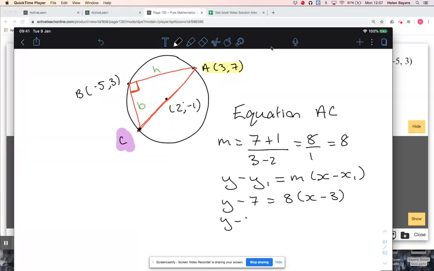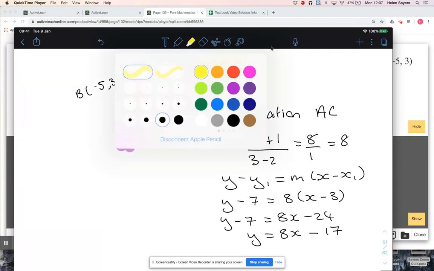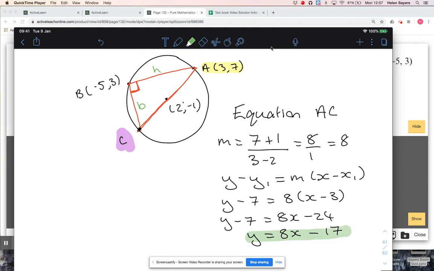So y minus 7 is 8x minus 24. So y is 8x minus 17. Okay, so that is the equation of that line.